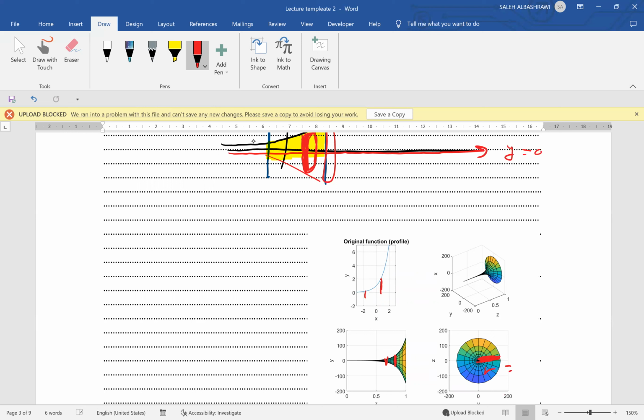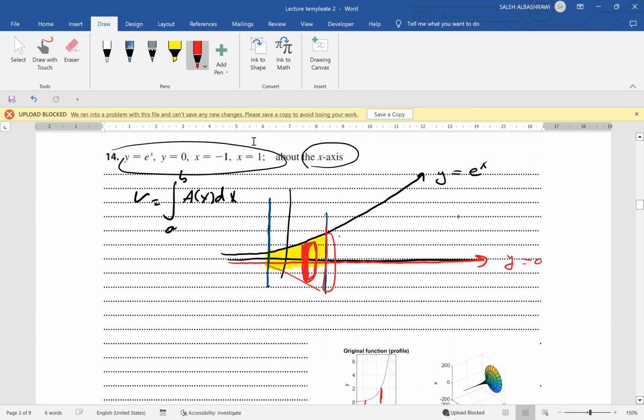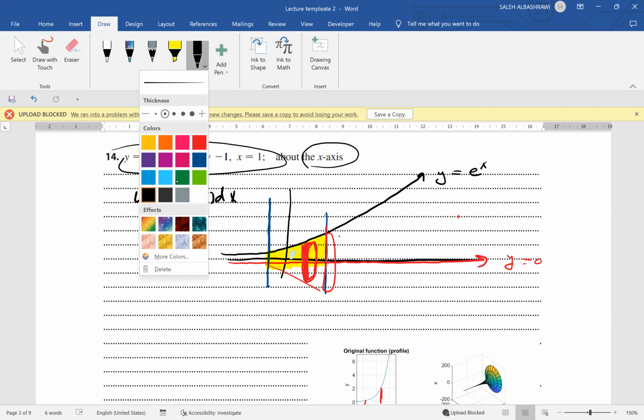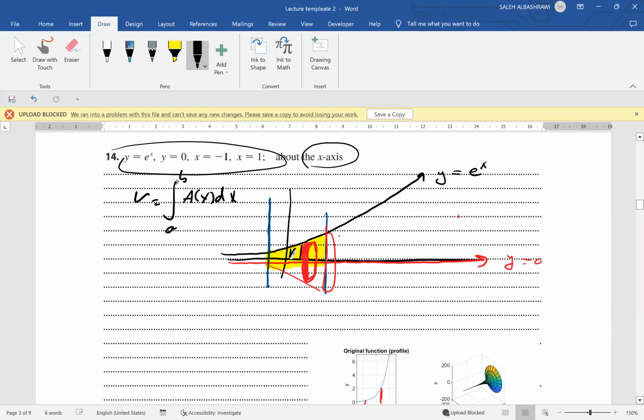R is given by the height of the function. As we stated before, this is R, the height of my typical rectangle. It is y1 minus y2, the upper one minus the lower one.